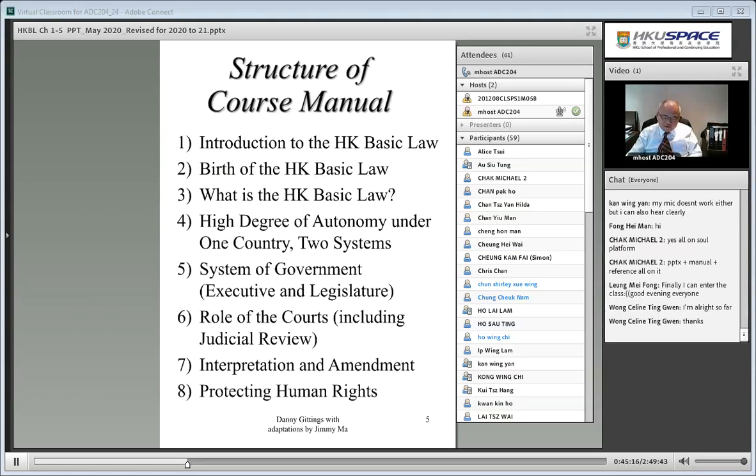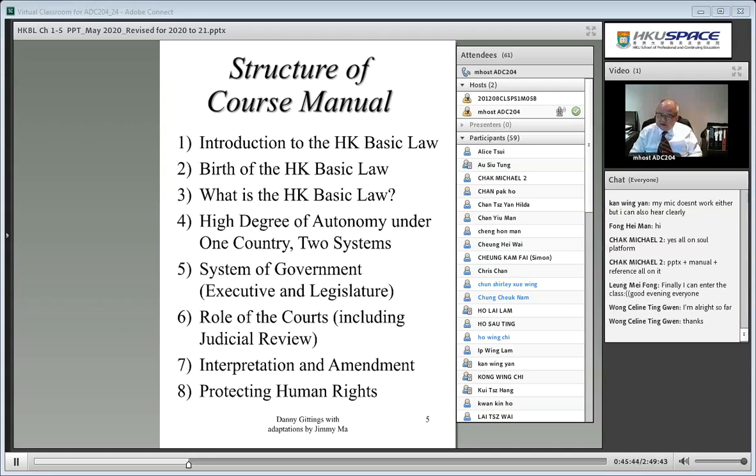When you look at the manual, we've got 8 chapters. These are the headings for the respective chapters. Introduction, which I mentioned quite a bit when we started this evening.